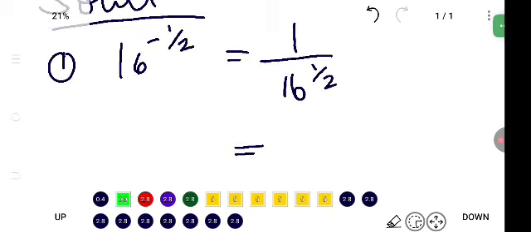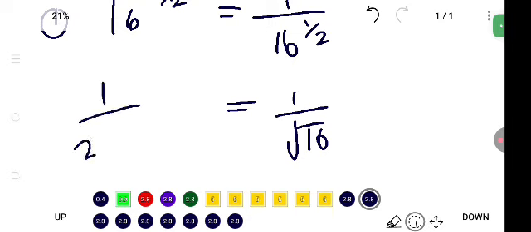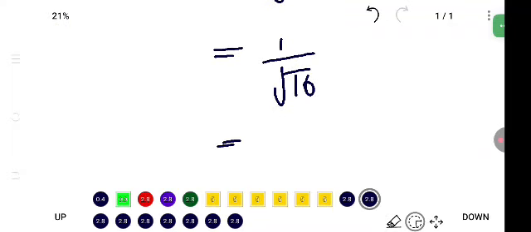So that means this is going to give us 1 over square root of 16. It's supposed to be 1 over 2 root 16, but 2 root 16 is the same thing as square root of 16, so there is no need of putting the 2. So you remove the 2 and take the square root. What is the square root of 16? Square root of 16 is 4. That is 1 over 4.